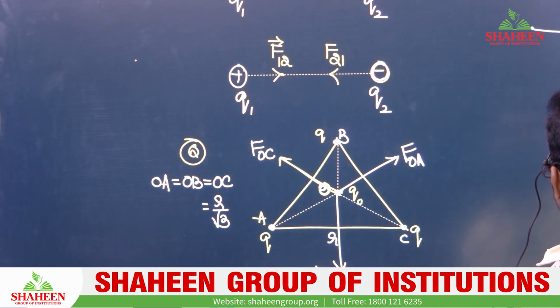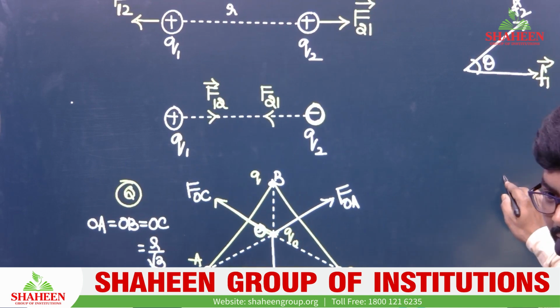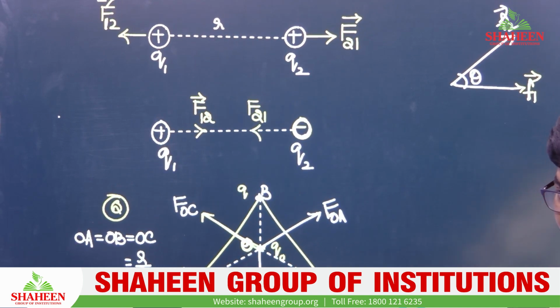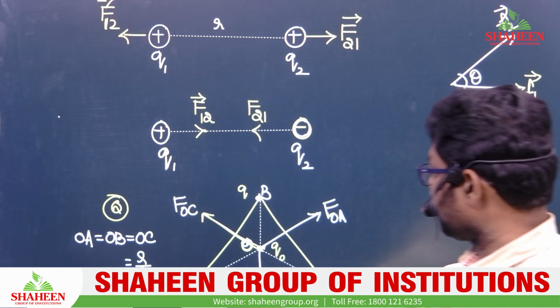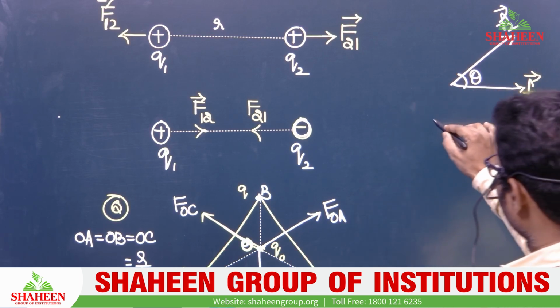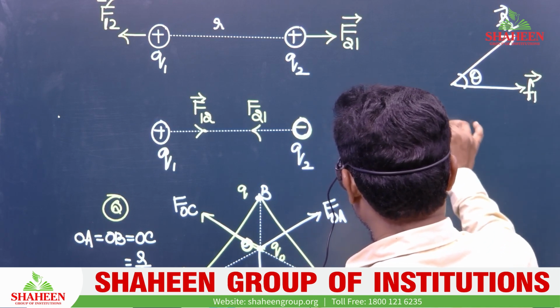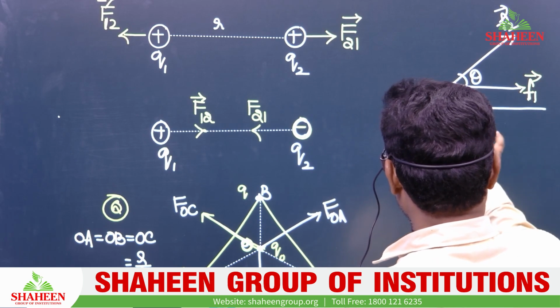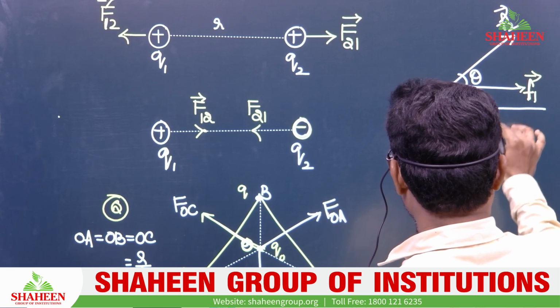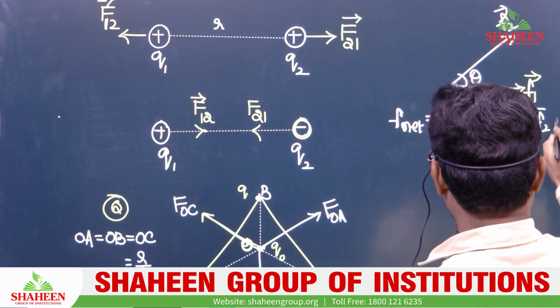If two vectors, F1 bar is one vector and F2 bar is another vector, and both make an angle theta, then the net force we want to find out is, according to the parallelogram law, F net equals the square root of F1 square plus F2 square plus 2F1F2 cos theta.